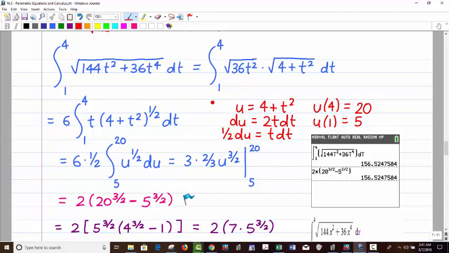And the square root of 36t squared, technically, by definition, is really 6 absolute value of t, because the square root of t squared is really the absolute value of t. But that would only make a difference if these were negative numbers, and since they are positive, we just use t. So I pulled the 6 out. And then here we go.